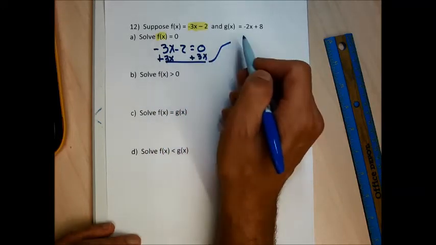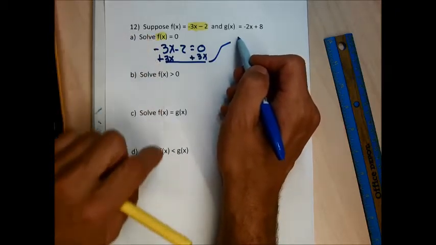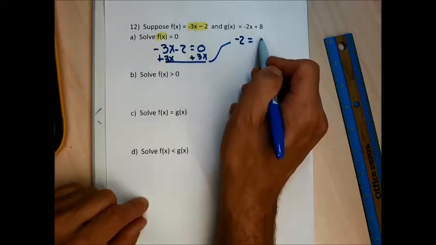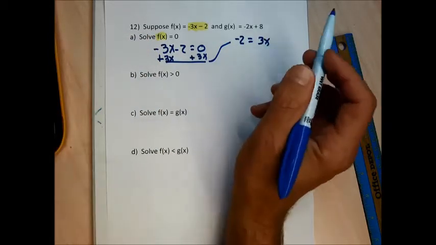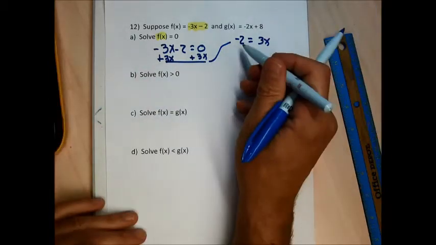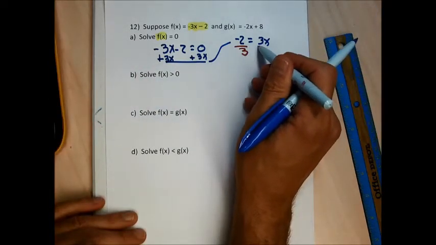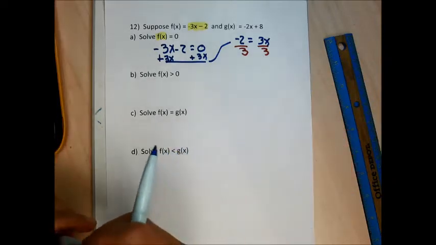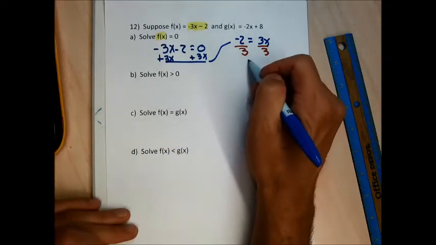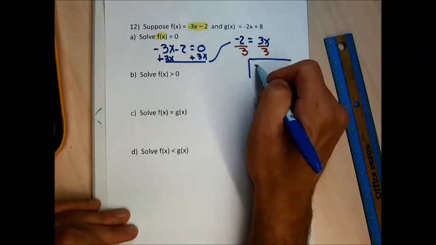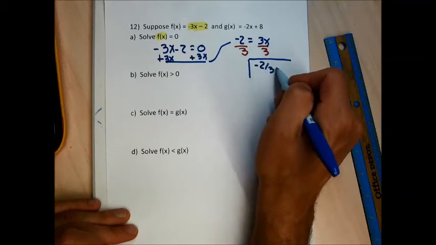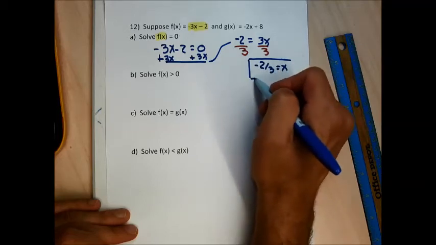And when I do that, on the left side, the 3x's cancel. I'm left with a negative 2. And on the right side, I have 3x. And now I'm going to divide both sides by 3. When the number in front of the x is positive, it just makes my math easier. And I'm going to get, for an answer to 12a, negative 2/3 equal to x.